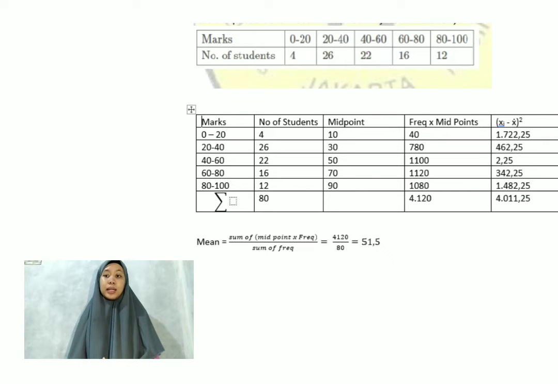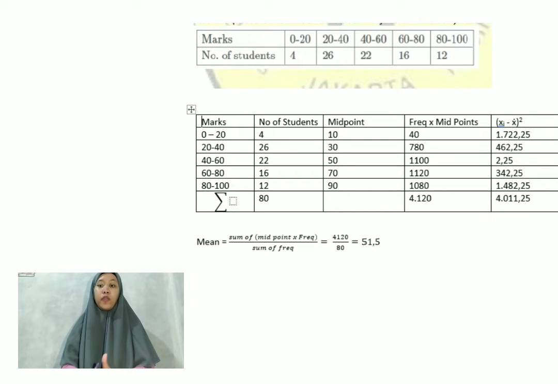And frequency times midpoint for class number 1 is 40. Class number 2 is 780. Class number 3 is 1100. Class number 4 is 1120. Class number 5 is 180.